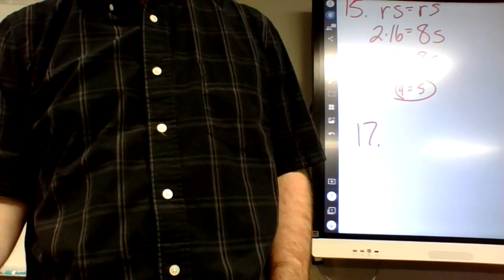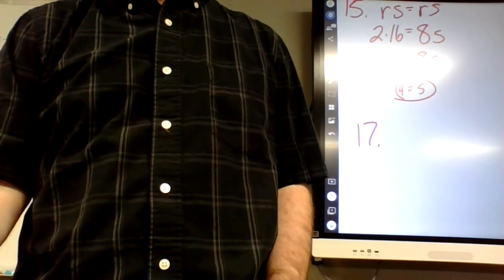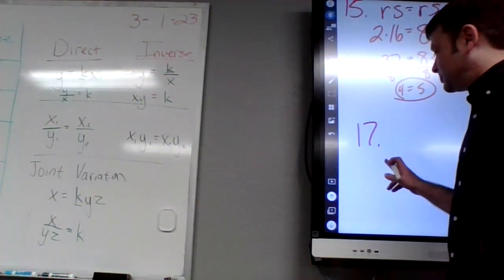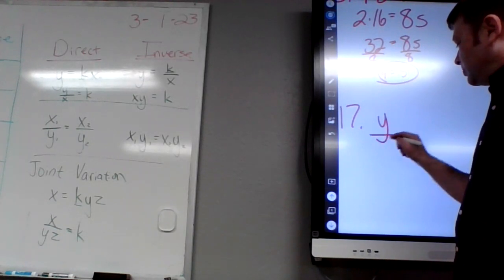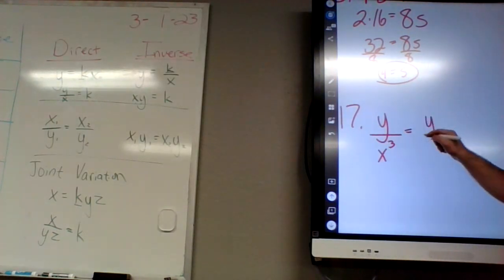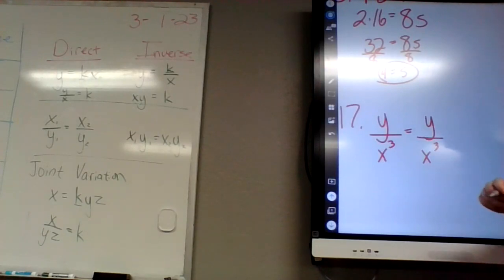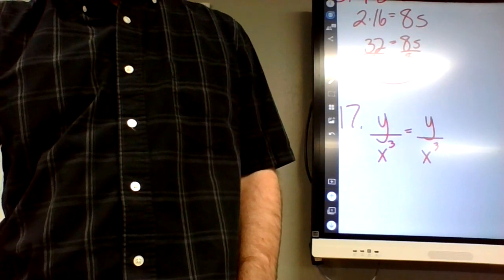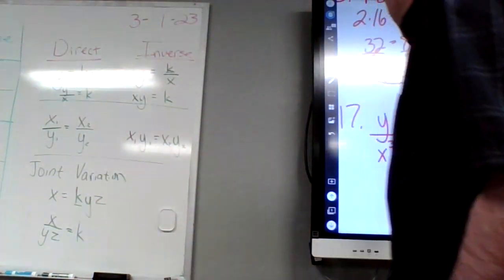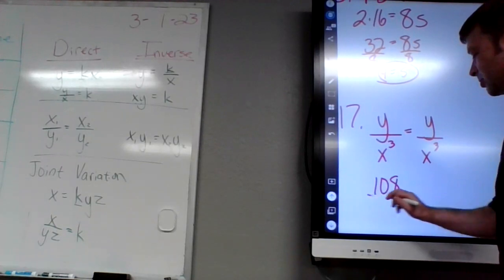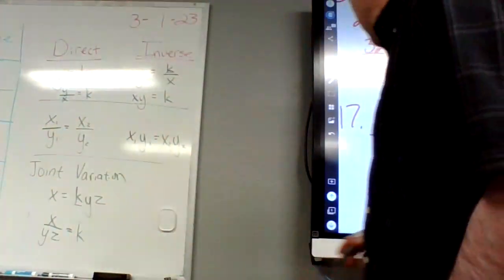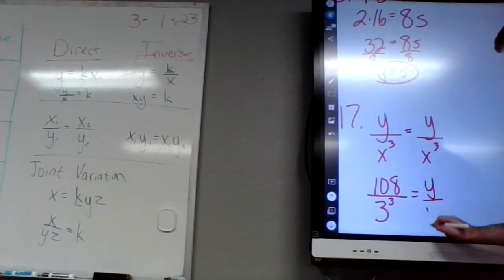Number 17. If y varies directly as the cube of x. This is kind of like number 13, but since it says cube of x, guess what I'm going to do? y over x cubed should equal y over x cubed. So we're just going to have to cube the x's. On 17, it says y is 108 when x is 3. So it's 108 over 3 cubed equals, and it says find y when x is 1, so y over 1 cubed.